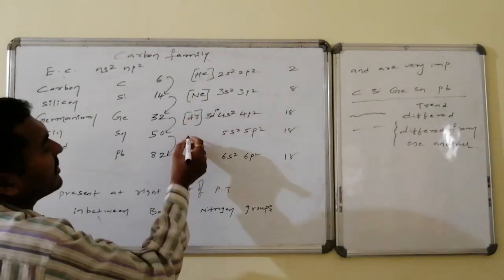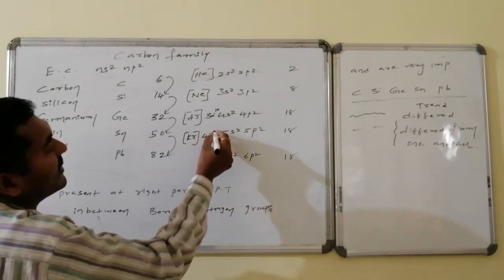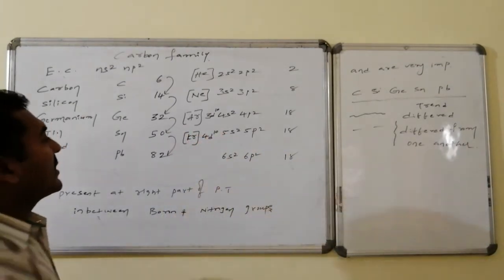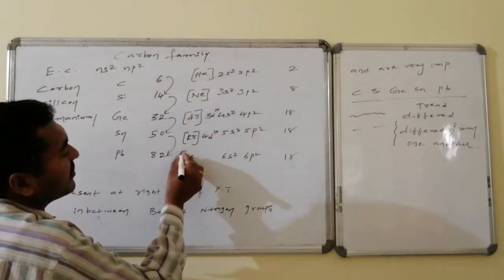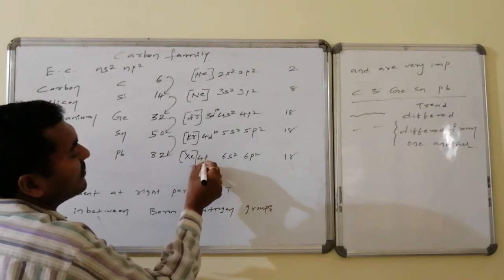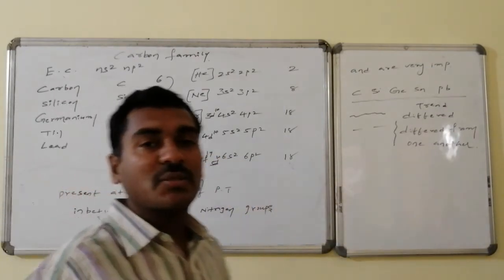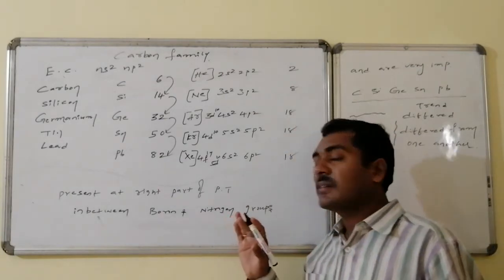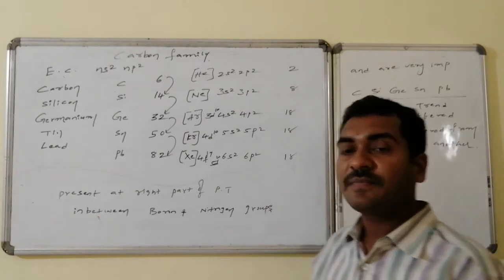For tin, krypton followed by 4d10 5s2 5p2. For lead, helium, neon, argon, krypton, xenon followed by 4f14 5d10 6s2 6p2. This is the complete electronic configuration.